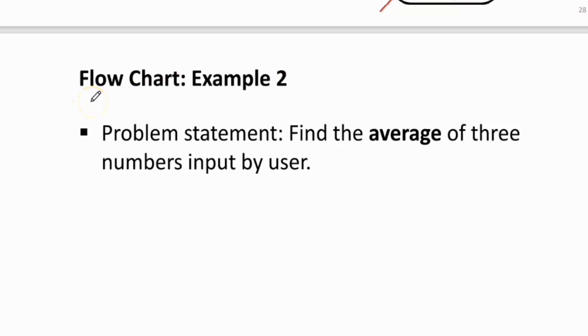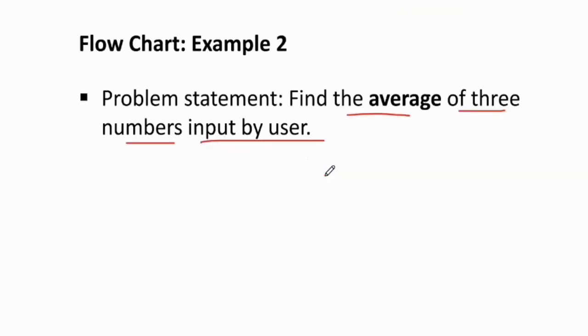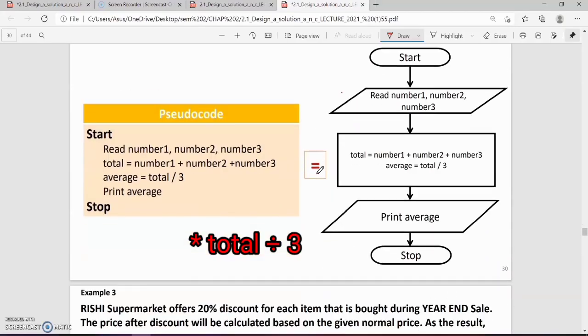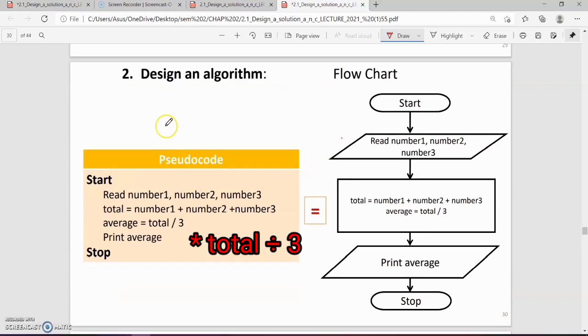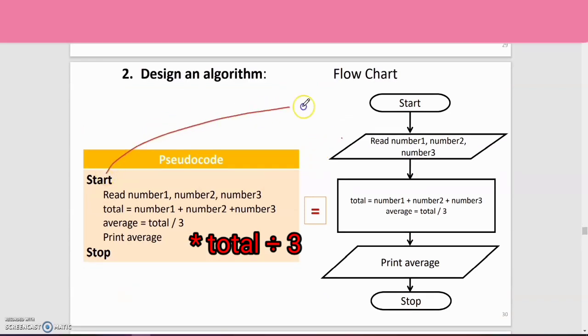Second, we see this problem statement: find the average of 3 numbers input by user. Just now we already discussed the IPO and pseudocode. Now we come to the flowchart. For start, remember, use the oval shape.